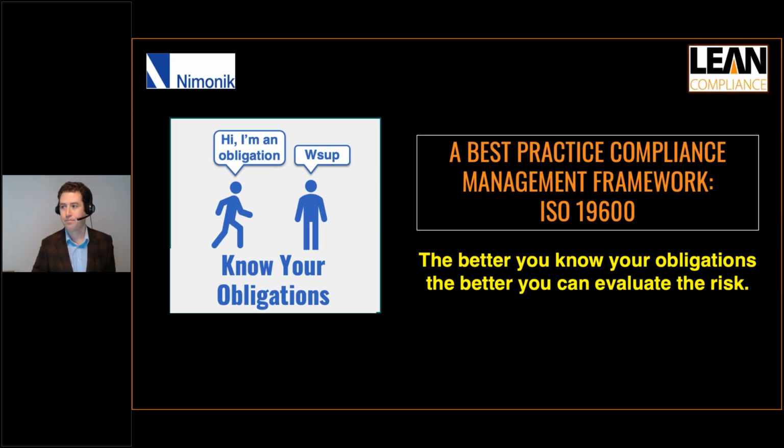So just to wrap a few things up, we talked about a small part of ISO 19600. We talked about what we need to know to better manage our obligations. So we've looked at obligations in perhaps more detail in some ways, and maybe in some we didn't go in deep enough, and that would be something that we need to do.